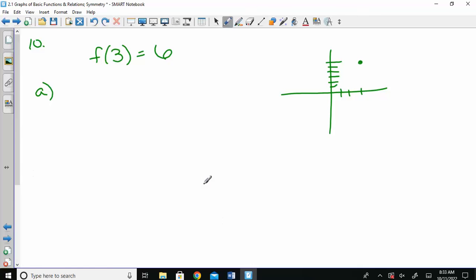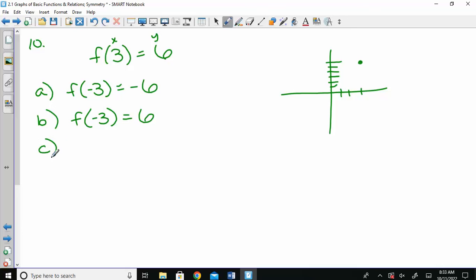So number 10, if it's symmetric with respect to the origin, what changes when you're symmetric to the origin? Both. So this would become f of negative 3 equals negative 6. B, if it's symmetric to the y, what changes? The x. So it becomes f of negative 3 equals 6, because this is my x and this is my y. This is like 10, 11, 12, but you get the idea.